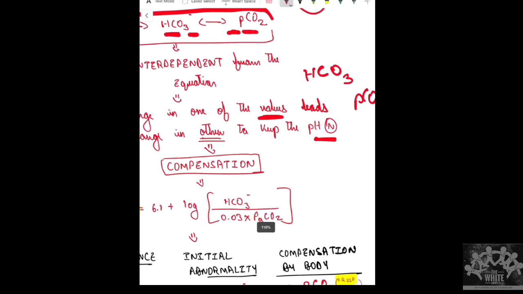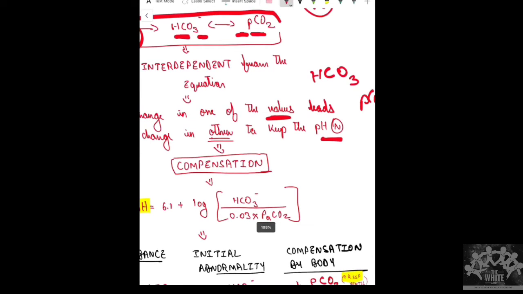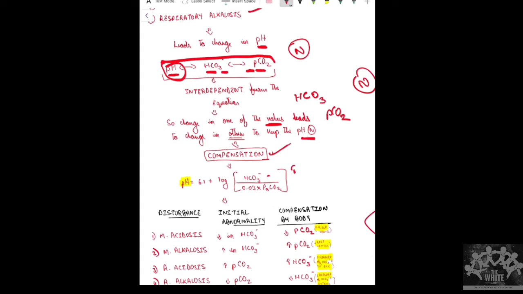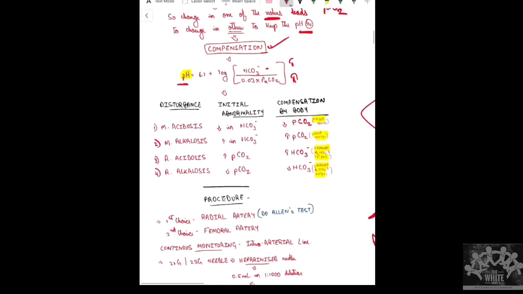What is compensation? If there is a change in HCO3 minus, say HCO3 minus increases, then the body compensates by increasing PCO2 as well to keep the pH normal. This was part of normal acid-base physiology, which we spoke about in detail yesterday. Now, the four basic disturbances.